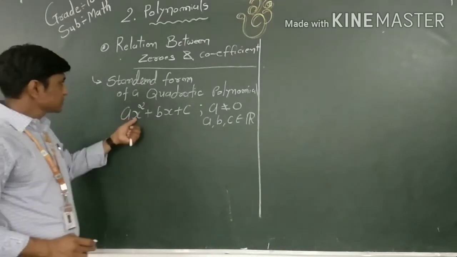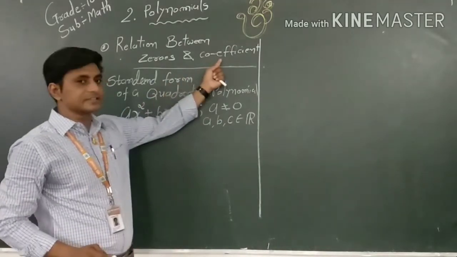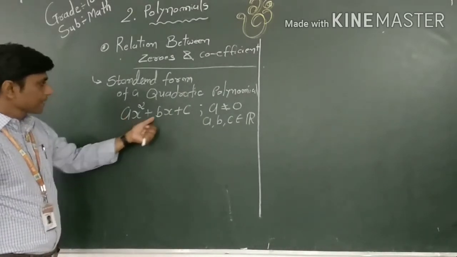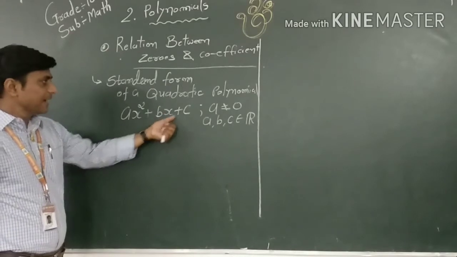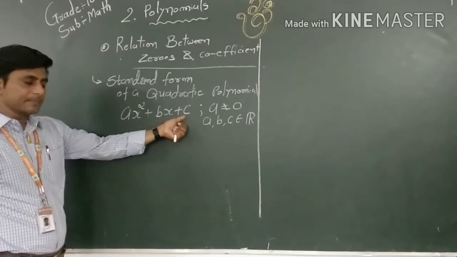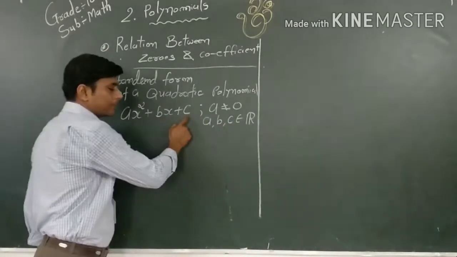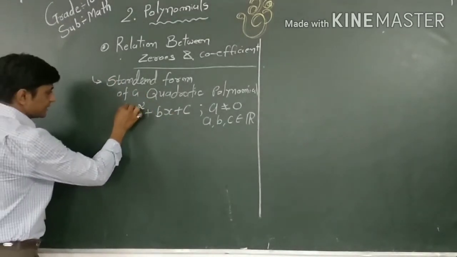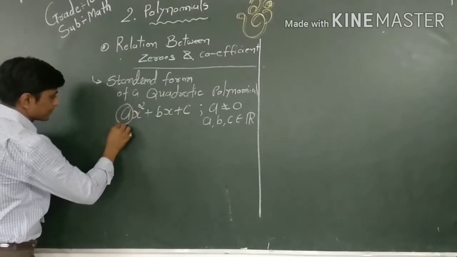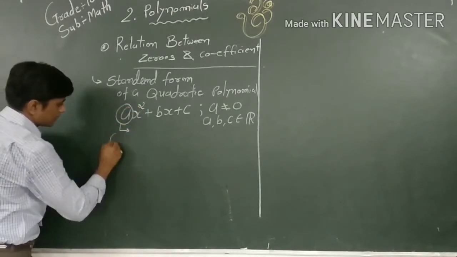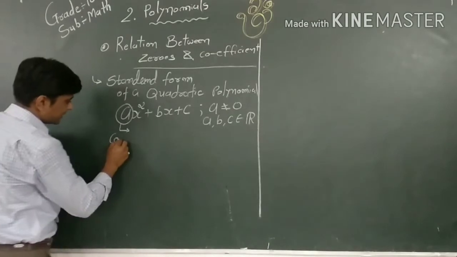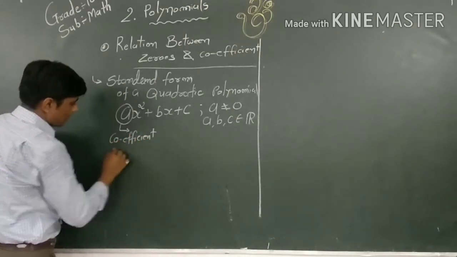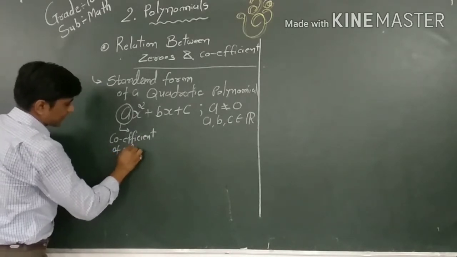Now suppose, what is a coefficient? Here a is the coefficient of x square, b is the coefficient of x, and this is called the constant term. And the coefficient of the constant term is itself. Here I write coefficient of x square.